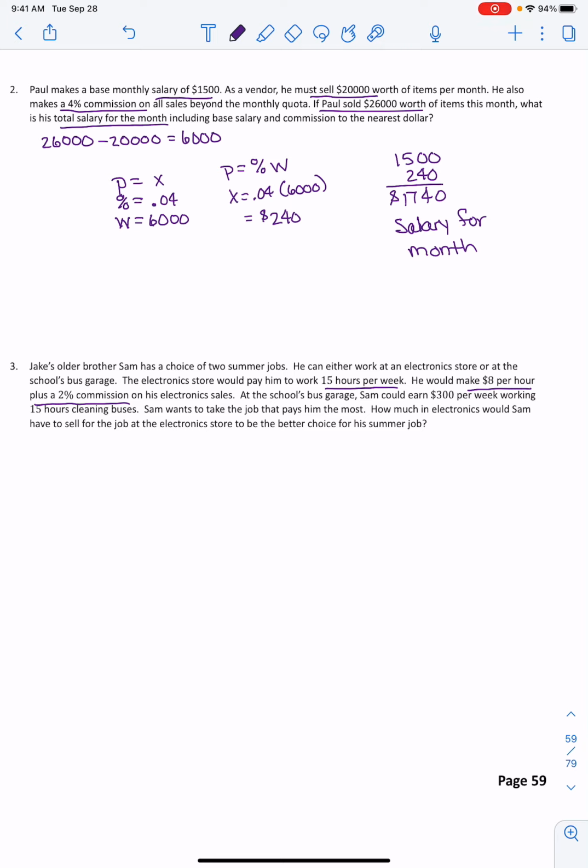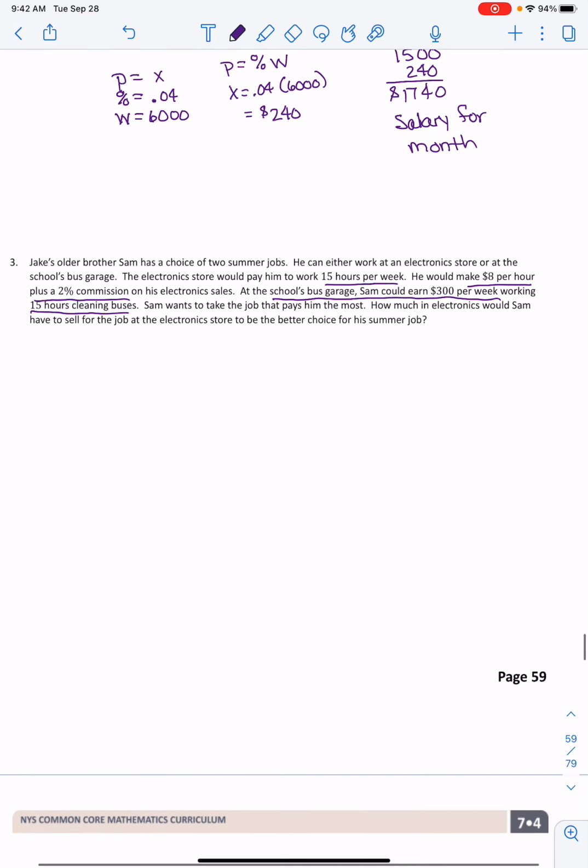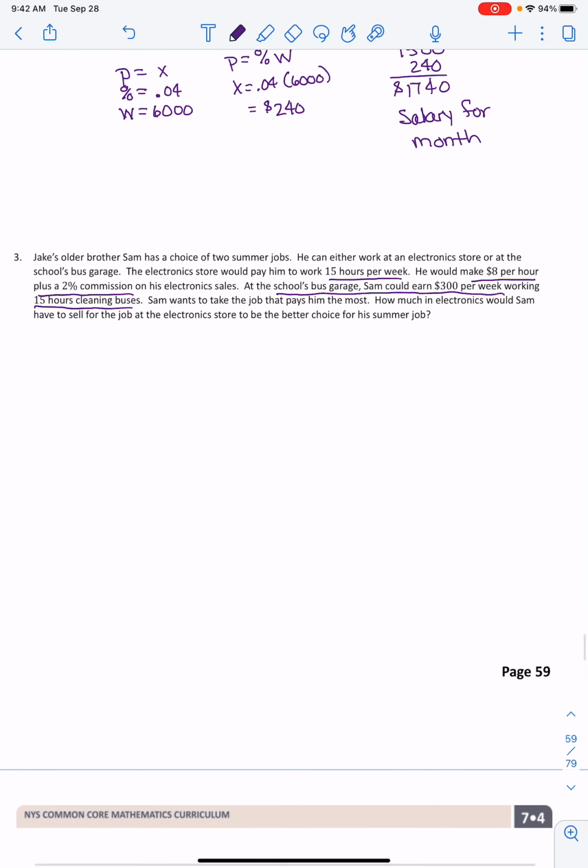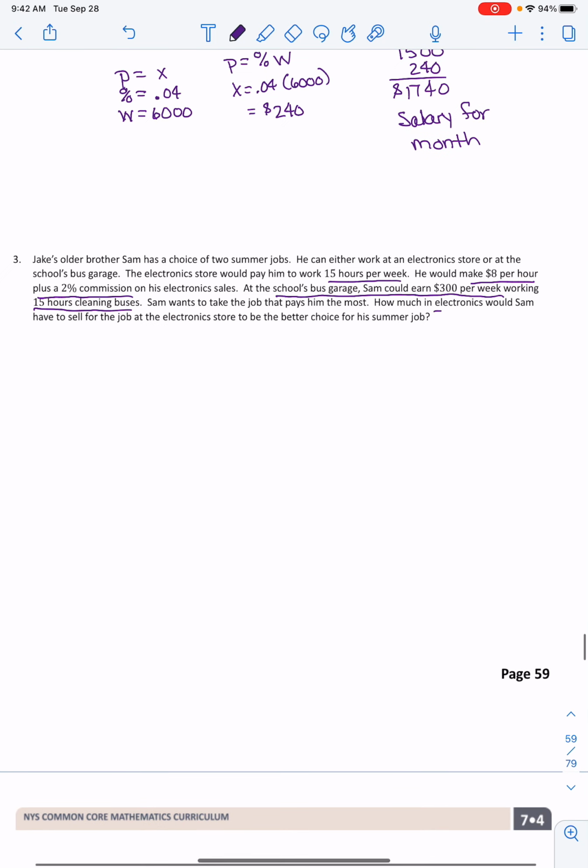At the school's bus garage, Sam would earn $300 per week, working 15 hours cleaning buses. Sam wants to take the job that pays him the most. How much in electronics would Sam have to sell for the job at the electronics store to be a better choice for his summer job?